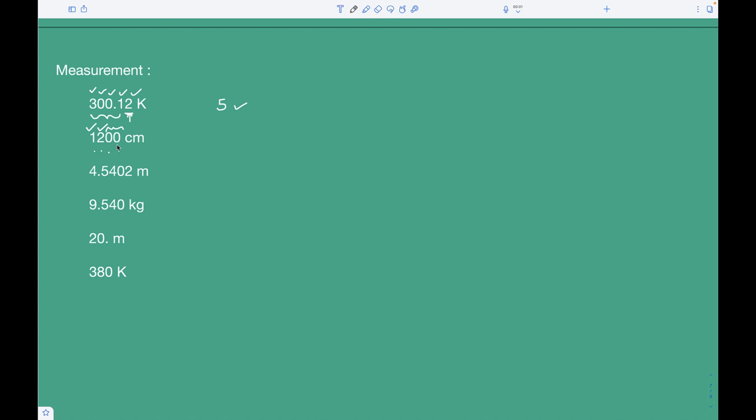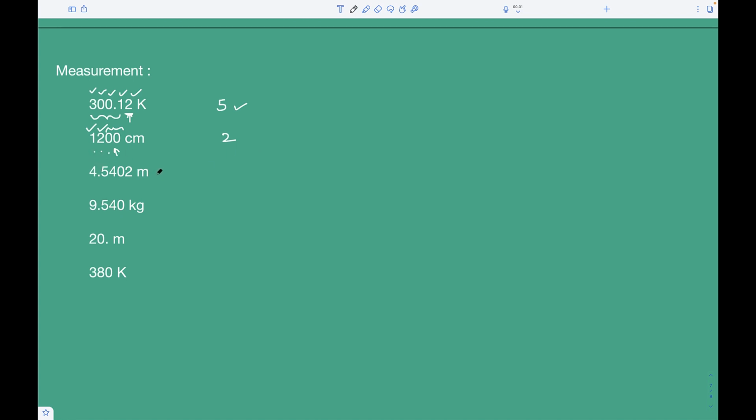These 2 zeros are here only to be able to express this length in centimeters. So, these 2 zeros do not provide any useful information. That is why these 2 zeros are not significant. So, in this measurement, there are only 2 significant digits, though there are 4 digits in total.